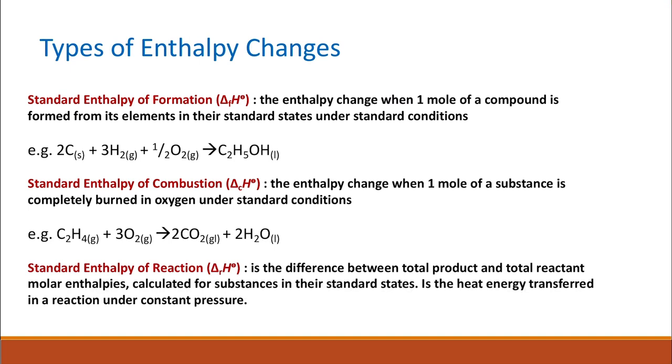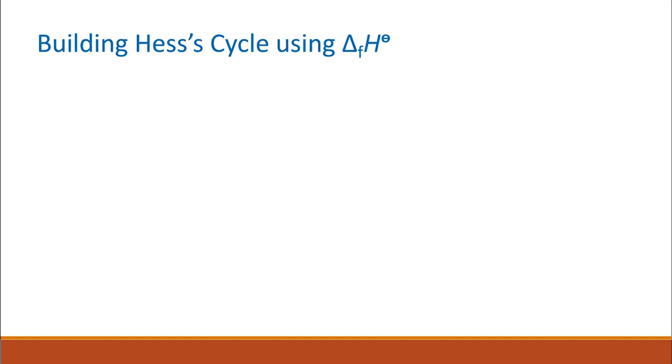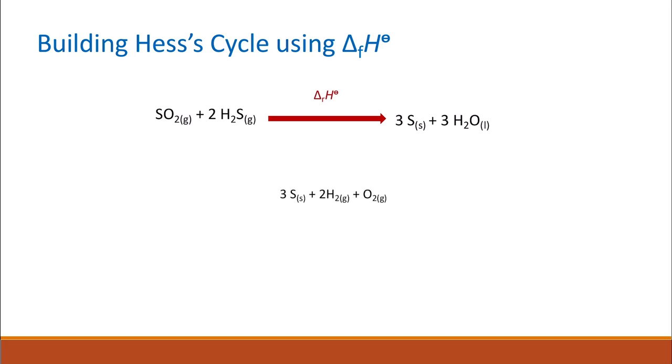Let's now dive deeper into the Hess cycle. So now let's build a Hess cycle using the standard enthalpy of formation. Imagine we are looking at a reaction between sulfur dioxide and hydrogen sulfide, producing sulfur and water. We can break this reaction down into two routes. The first route is the direct route.